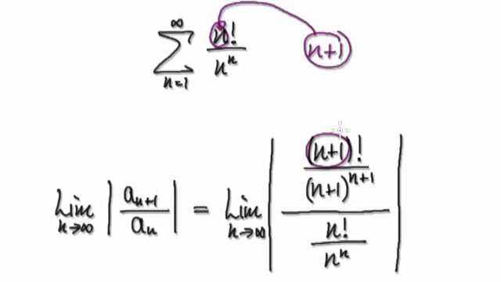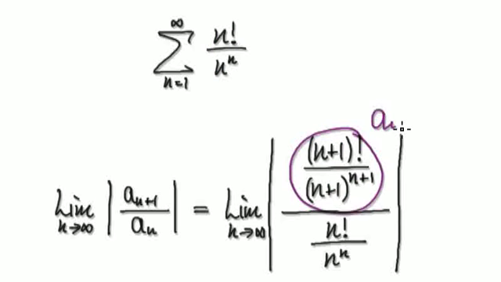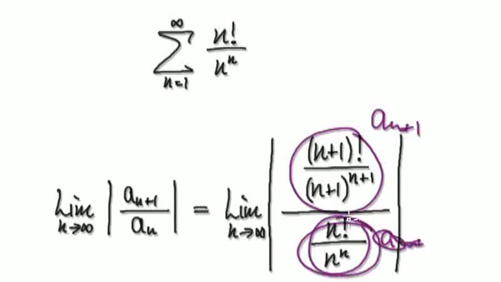So that would be n plus 1 factorial, and then we would put n plus 1 into here, and then into the n here. That would give us this. So this is our a_(n+1), and this here is our a_n.